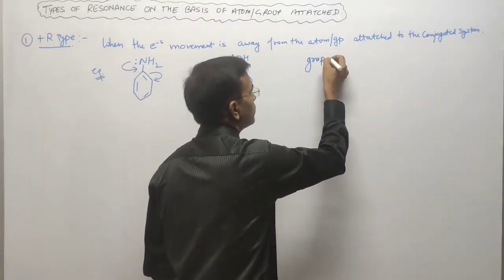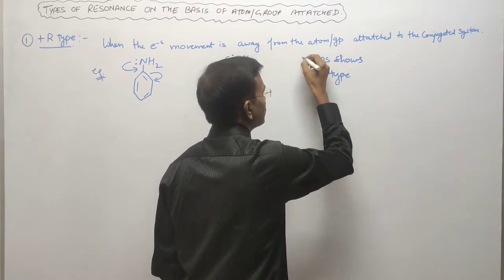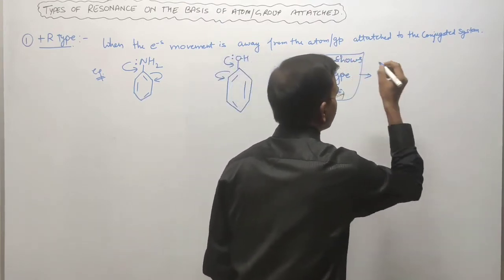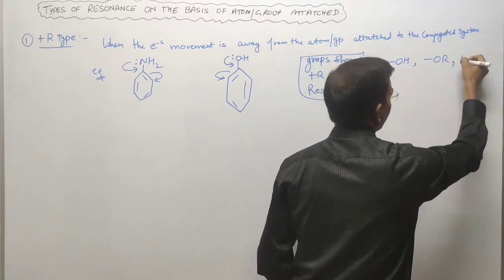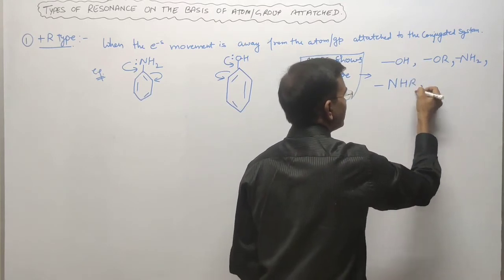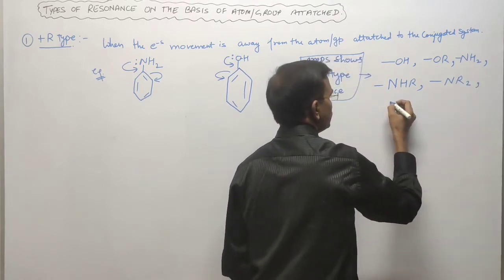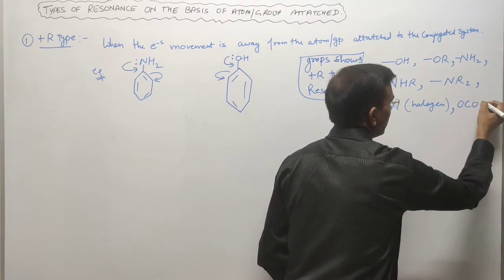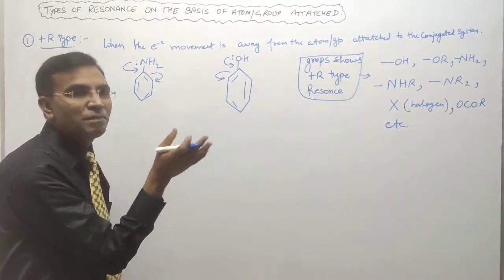Groups showing plus R type resonance: R, OH, OR, NH2, NHR, NR2, halogen, OCOR, etc. So these are the groups which show the plus R type resonance.